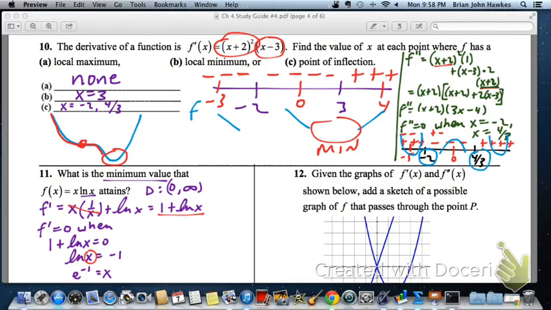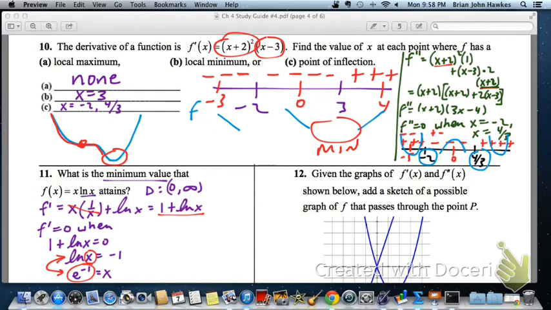Just a quick review on logs and exponential functions: when your variable you're trying to solve for is locked up in the log, convert to exponential, and vice versa. If it's in exponential form, convert it to log form, and then we have our x value of e to the -1, and that's 1 over e.